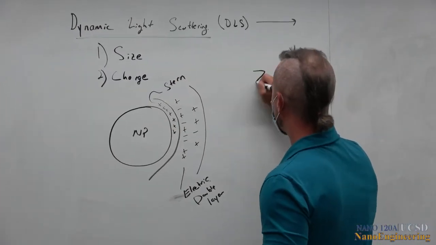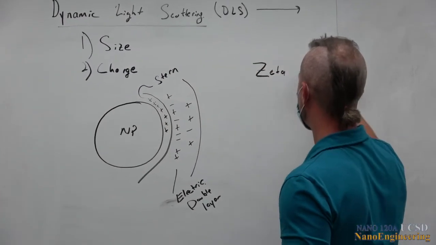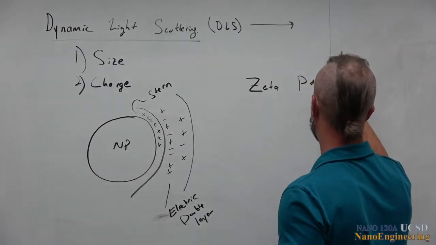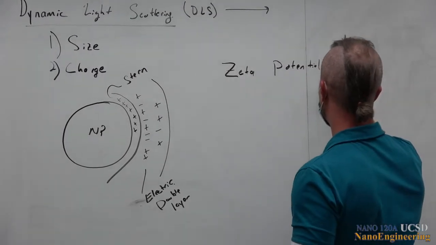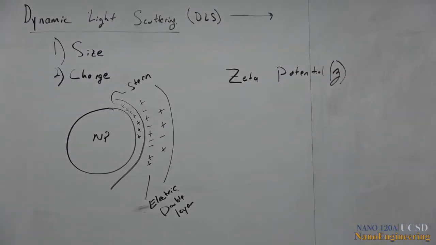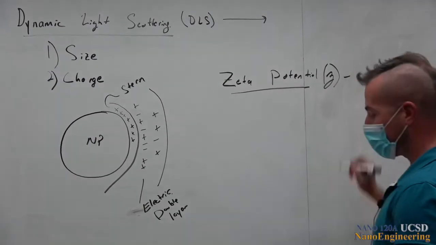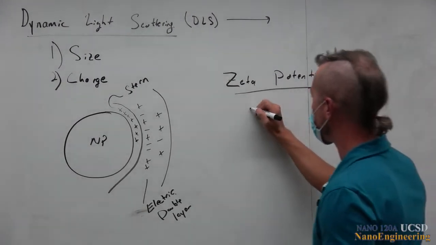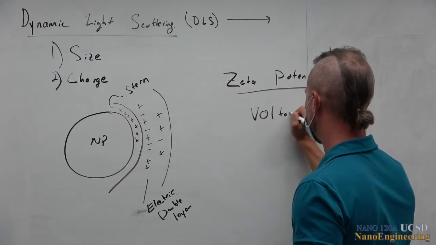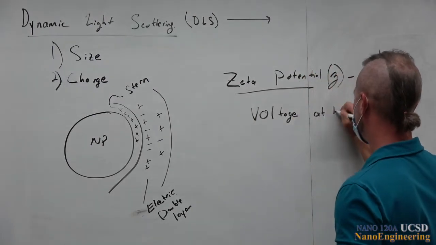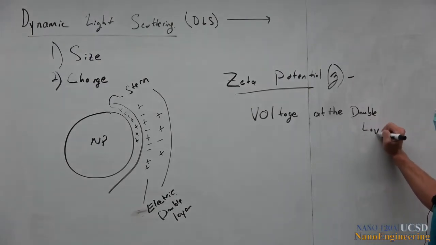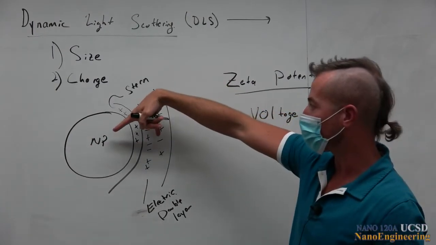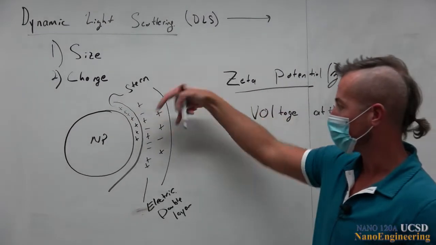Charge, or what we're going to call zeta potential. Let's call it this little symbol. Zeta potential is the voltage at the double layer. So what is my potential across this double layer, right?